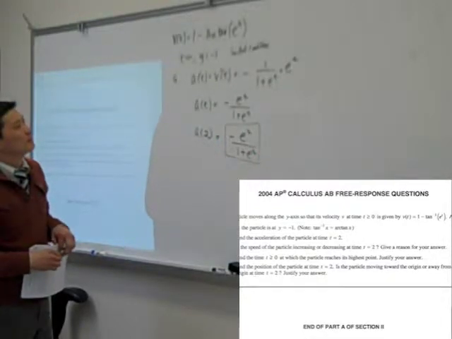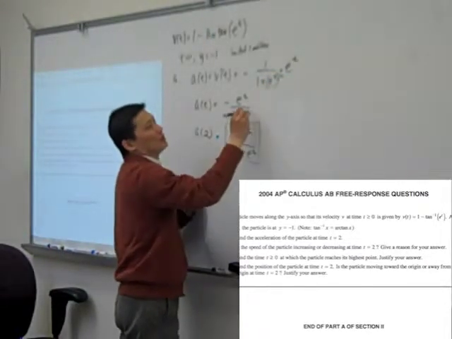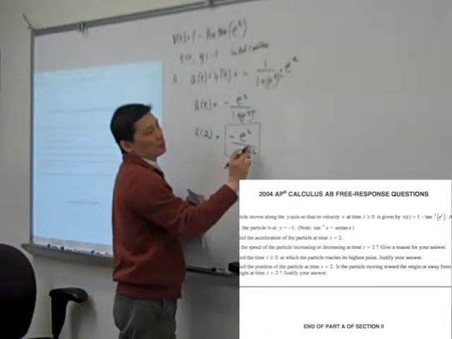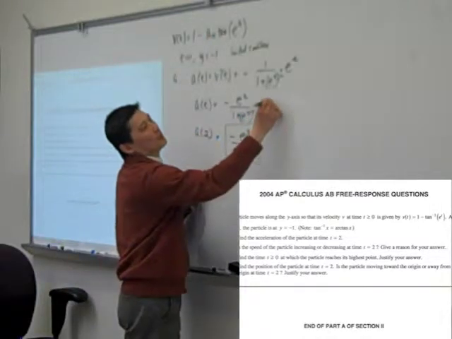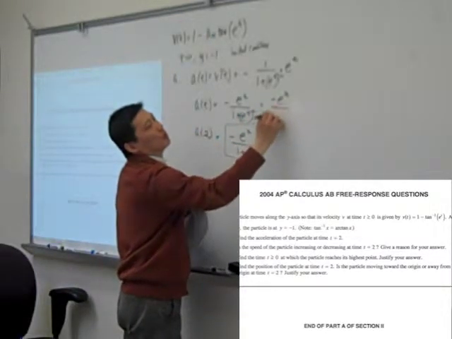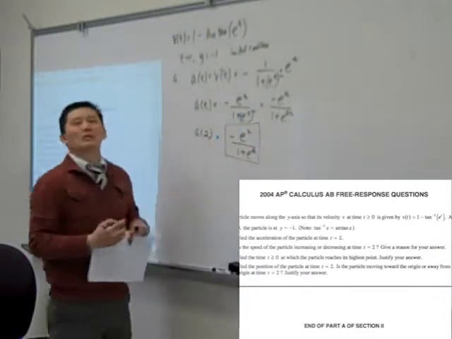Oh, squared, yeah, I'm sorry, good catch. It's e to the 2t, so to the 4. Maybe I'll write this a little bit better: negative e to the t over 1 plus e to the 2t. Okay, so that's the one we want.